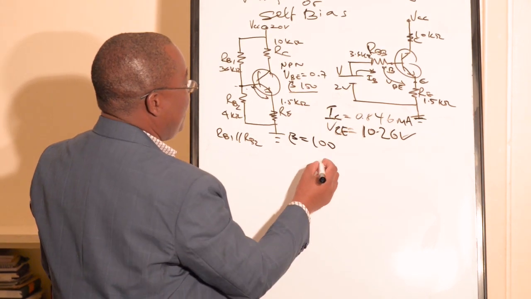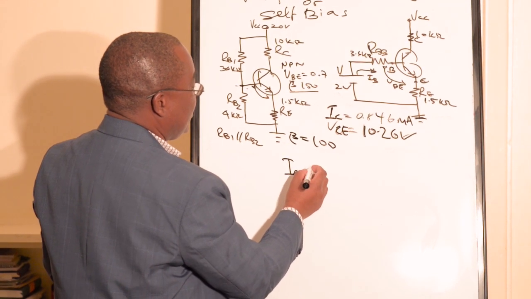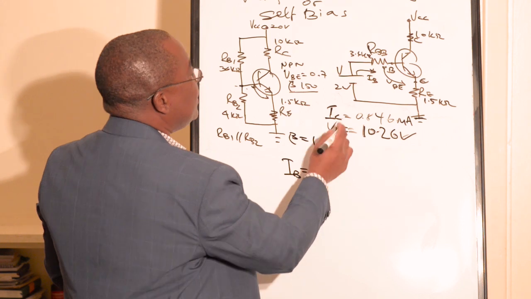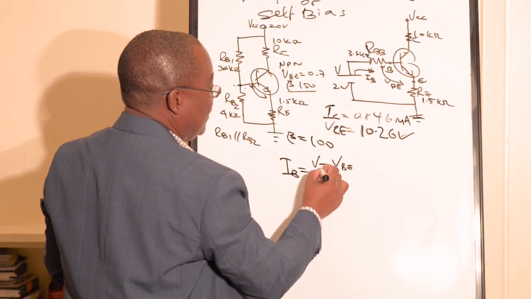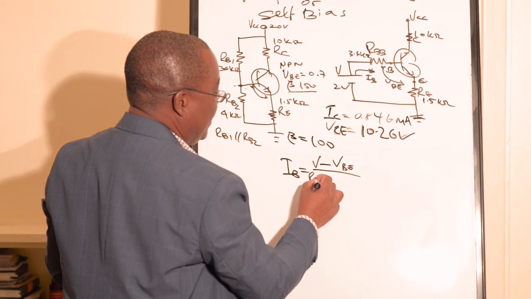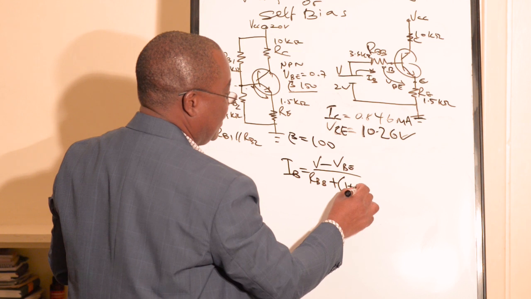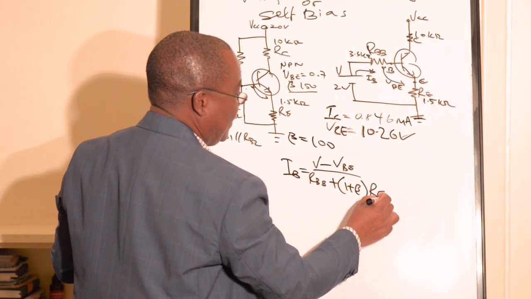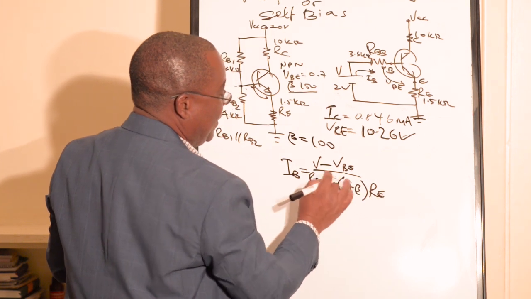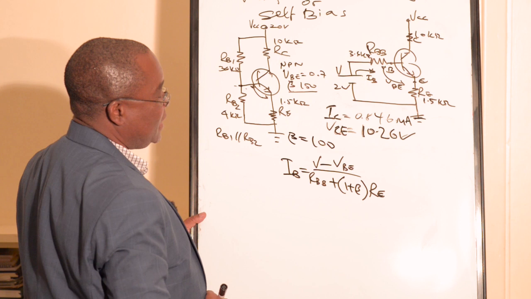Changes will be on IB because the formula of IB is equal to V minus VBE over RBB plus 1 plus beta times RE. Now we are changing the beta to be 100, so our IB automatically will change.